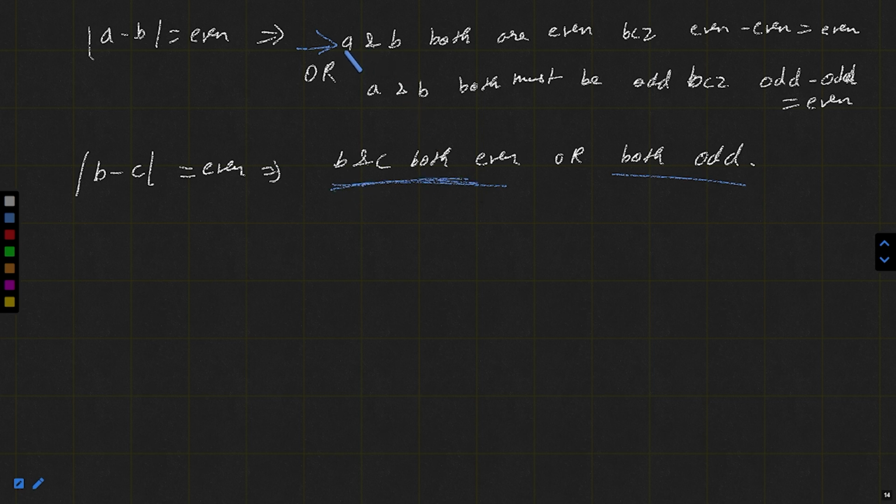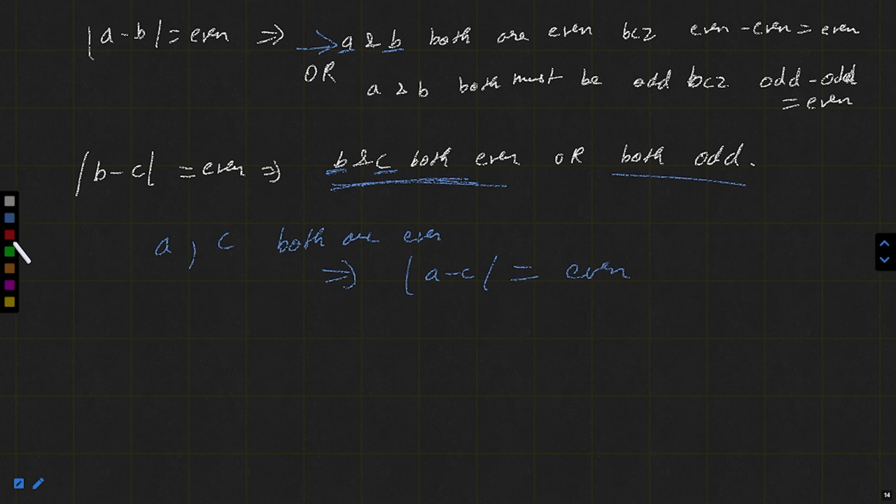As we already saw, if a is even, then b must also be even. So if b is even, then c must also be even. This means all are even, so a and c are both even. This implies a - c must also be even.